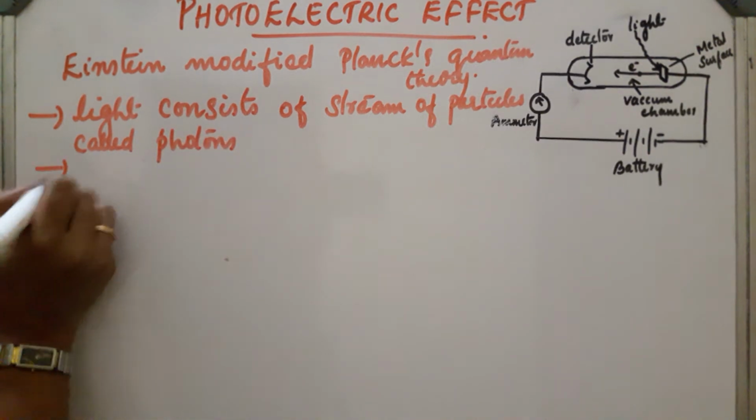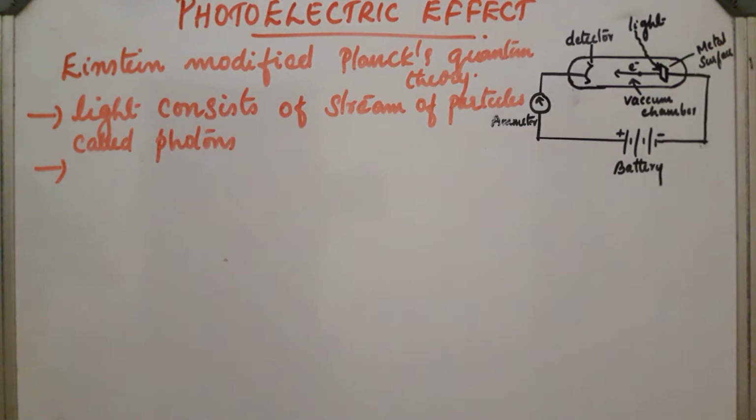Next point: when light of a particular frequency falls on the metal surface, the photon transfers its energy to the electrons of the metal atom.